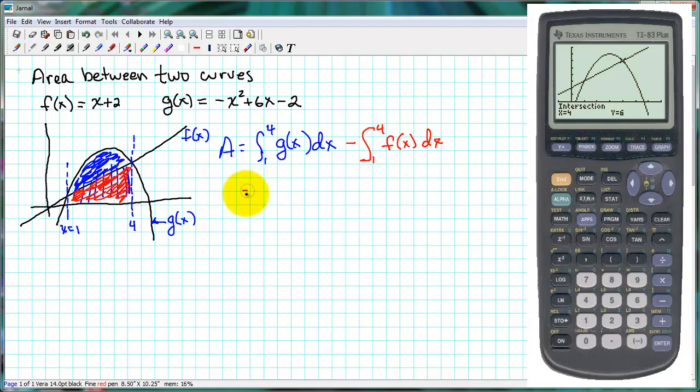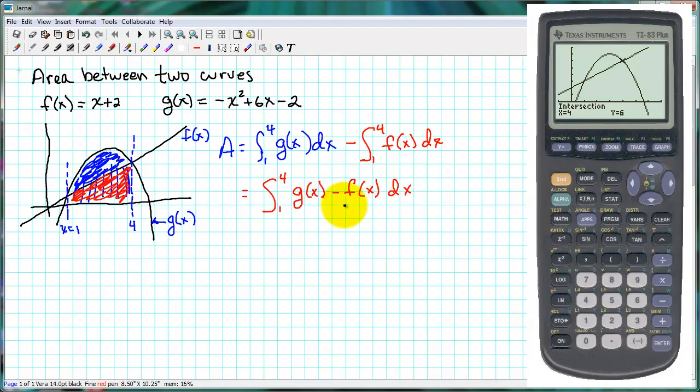But if we want to try to do a single integral, then to find the area between two curves, we're going to have the integral between a and b of our upper function minus our lower function. Now when I'm working with the calculator, I don't always want to worry about which function is on top and which one's on the bottom, and sometimes I set up my calculator so that I can handle multiple problems quickly.